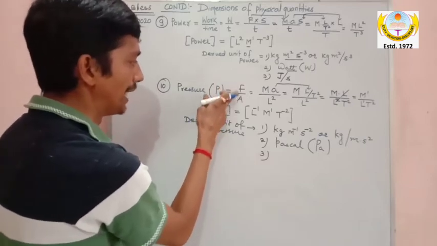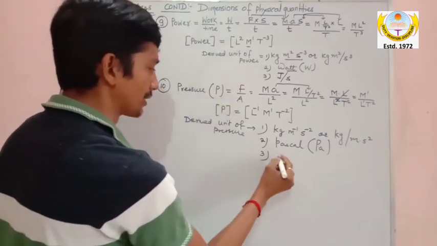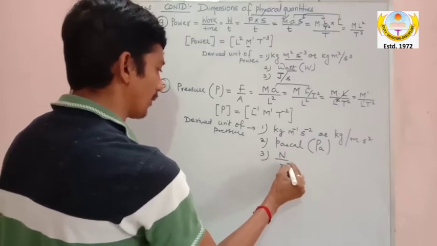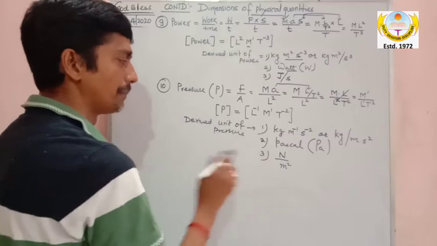And the third unit, my dear, you can see the formula: force upon area. So force can be Newton and area is meter square. So Newton per meter square.